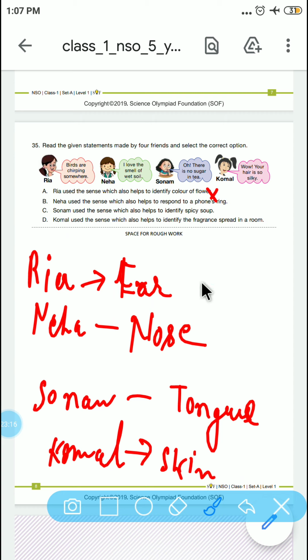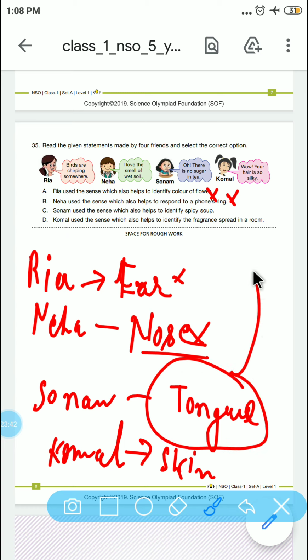So here we have the sense organs for all these four girls. Now let's check: Neha has a sense organ which helps us respond to a phone ring. The nose doesn't respond to a phone ring, so it is incorrect. Option C: Sonam used the sense organ which helps us identify a spicy soup. Yes, the tongue helps in checking taste and spices. So option C will be the correct option.